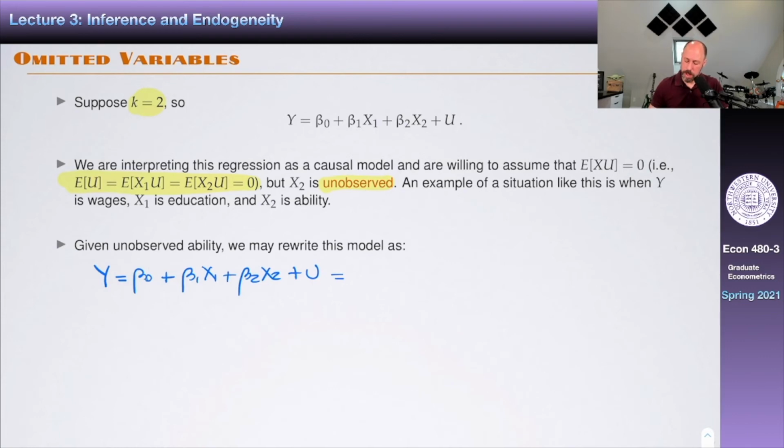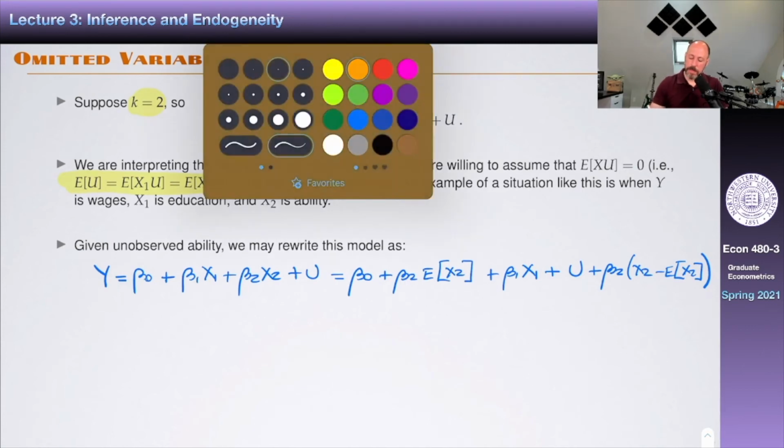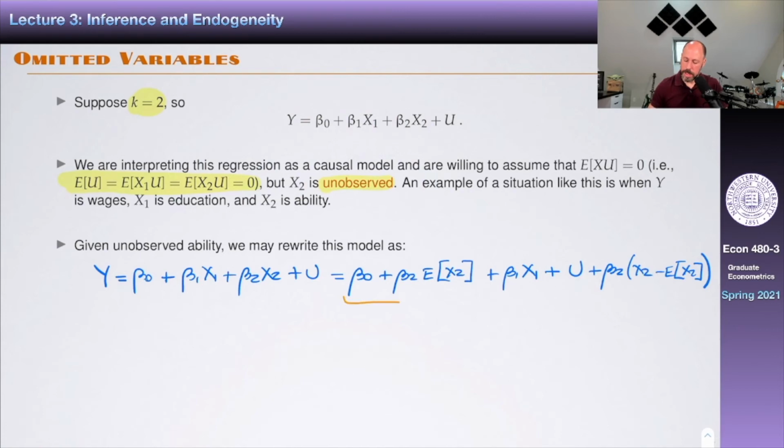I add beta 2 times the expected value of x2, I have beta 1 x1, I have u, and then I subtract beta 2 times the expected value of x2. Now I can call this beta 0 star, this beta 1 star, and all this u star.